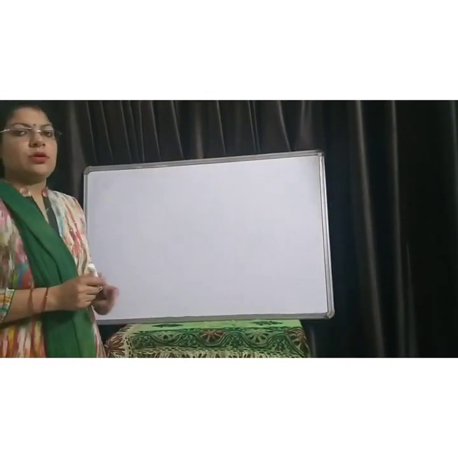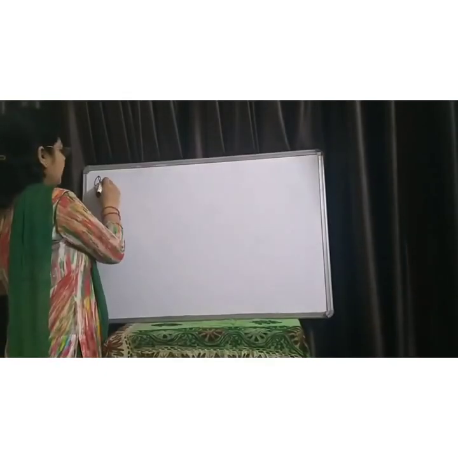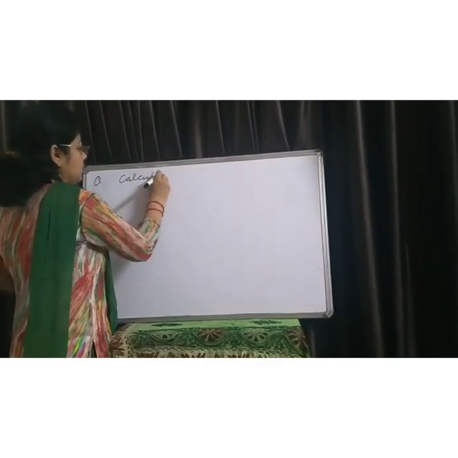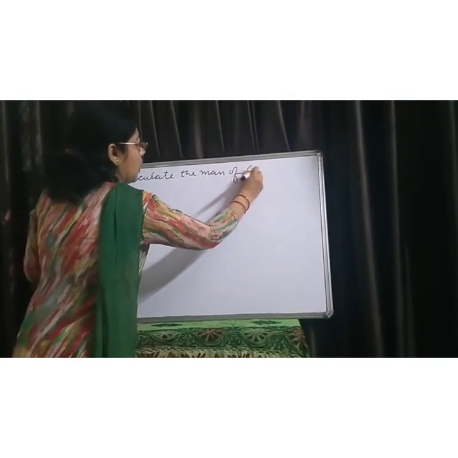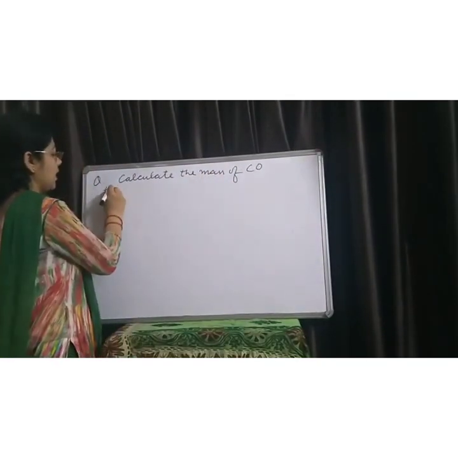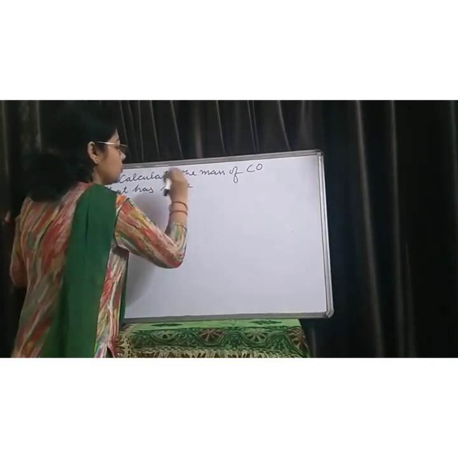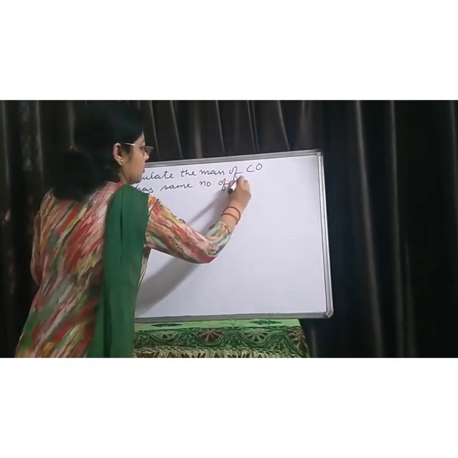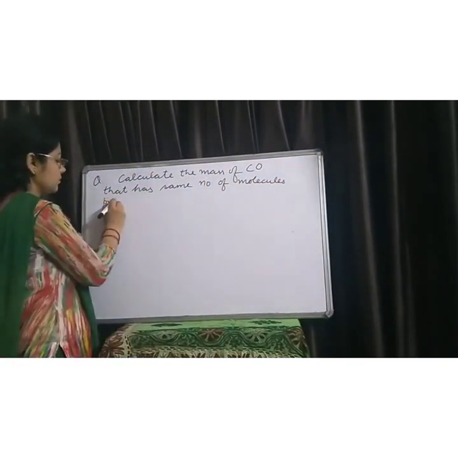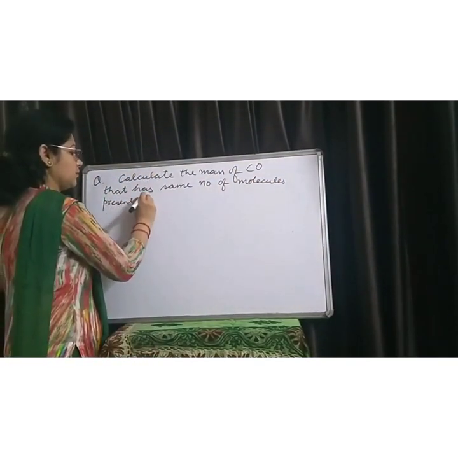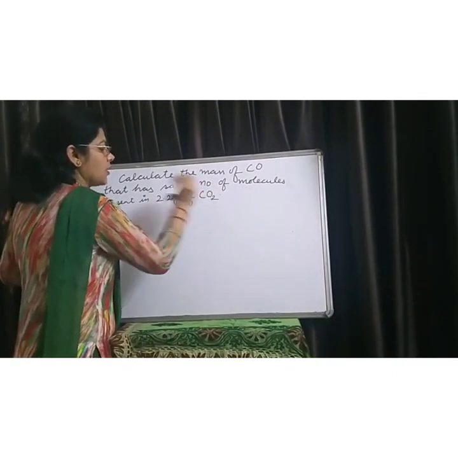Now, the next numerical problem related to mole concept is: calculate the mass of carbon monoxide that has the same number of molecules present in 2.2 grams of carbon dioxide.